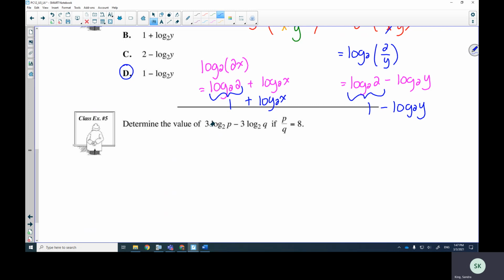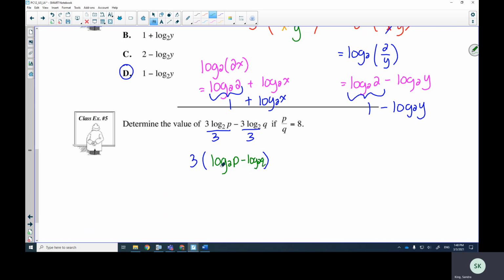So you say to yourself, well, if I've got a 3 here and a 3 here, can I factor 3 out? Yes. So watch what happens. I can factor out that 3, so the 3 goes in front of the bracket and the answer goes in the bracket. I would have the log base 2 of p minus the log base 2 of q.